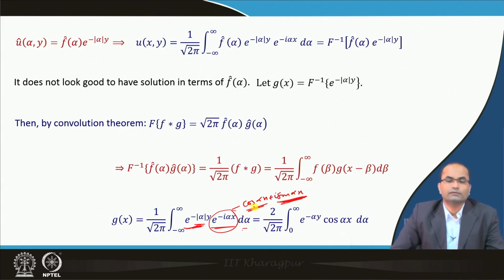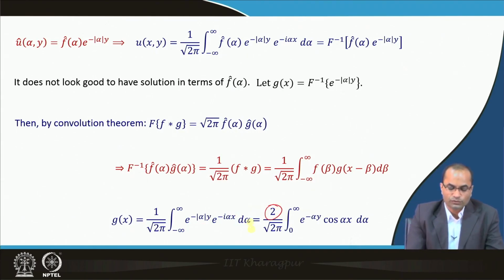Only the first one will survive, and that too with an even integrand. So we can have 2 times the integral from 0 to infinity. Now alpha is just 0 to infinity, the positive, so we have removed the absolute value. We have e power minus alpha y cos alpha x d alpha.